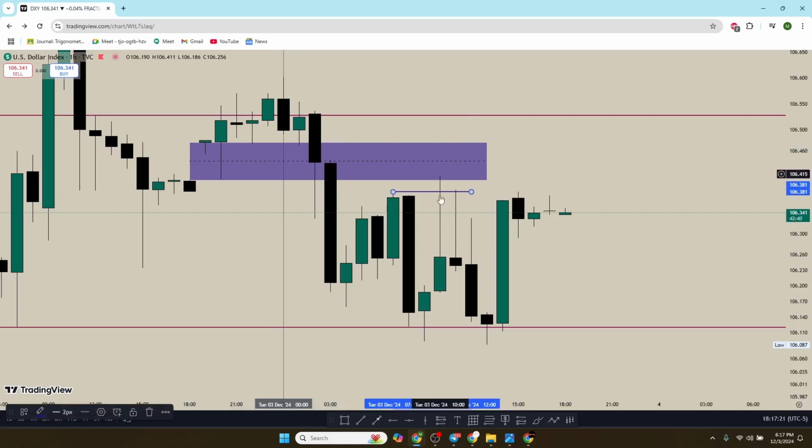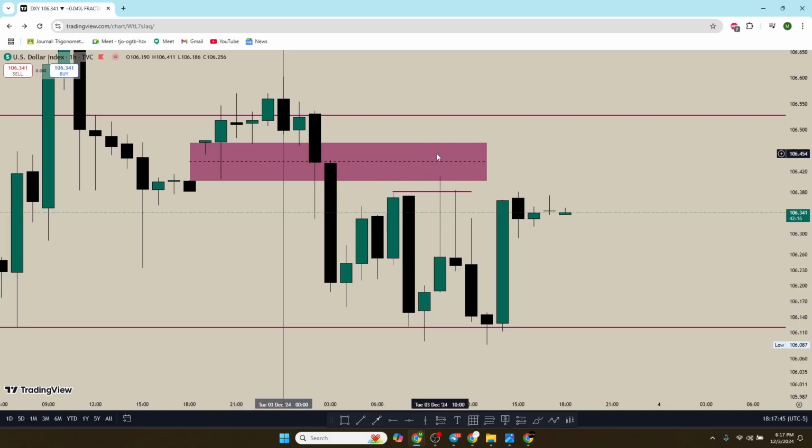So as you can see, price trades up at 10 a.m. above an old high into this volume imbalance here. Let's change this color. Right? Trade up into a bearish volume imbalance above an old high.